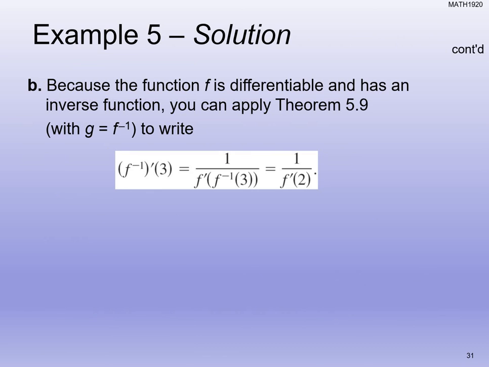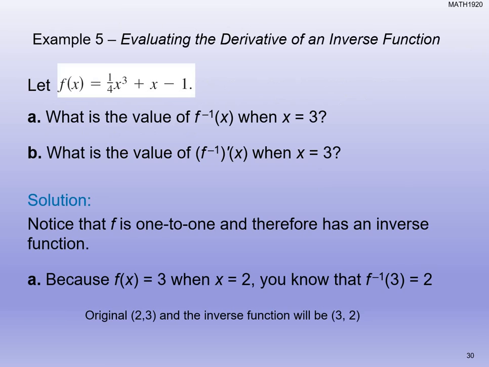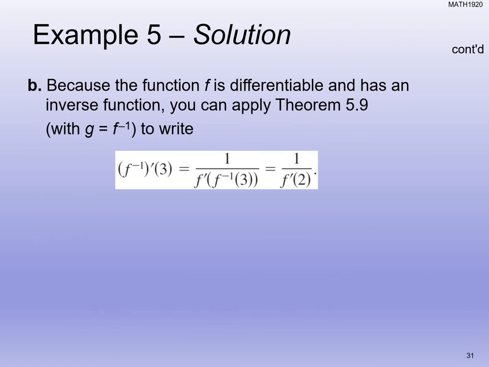Okay? So now when we do this, we want to find f inverse prime of 3. So we're going to write 1 over f prime of f inverse of 3. We know that f inverse of 3 is equal to 2. We calculated that on the previous slide right down here at the bottom. Okay, so that's how we know that value is 2. So now we have to find f prime of 2.